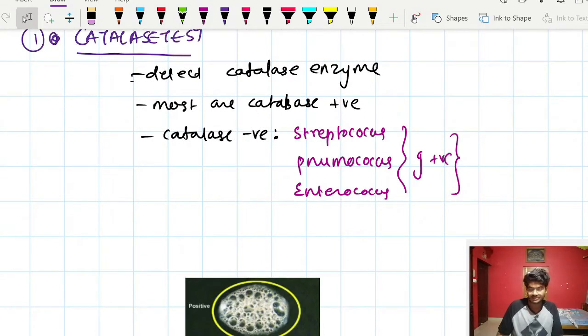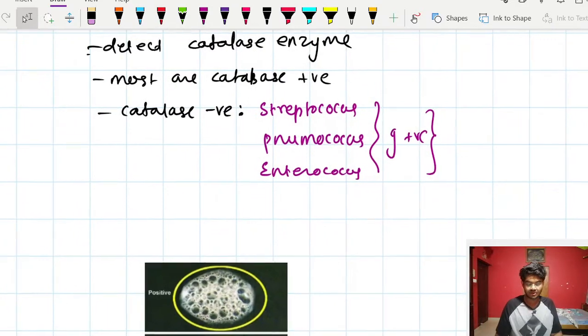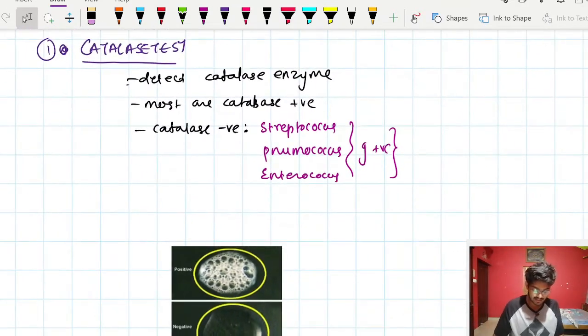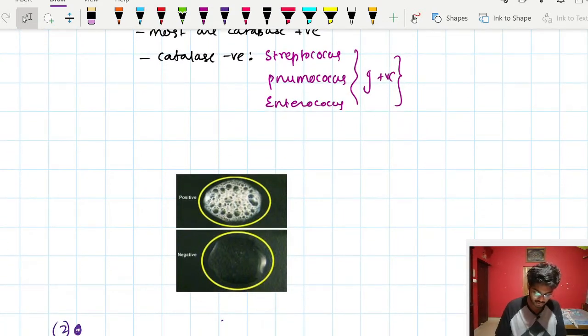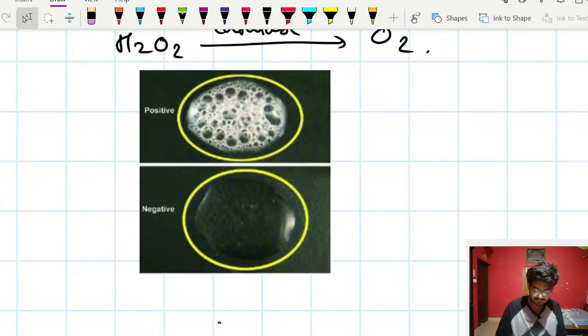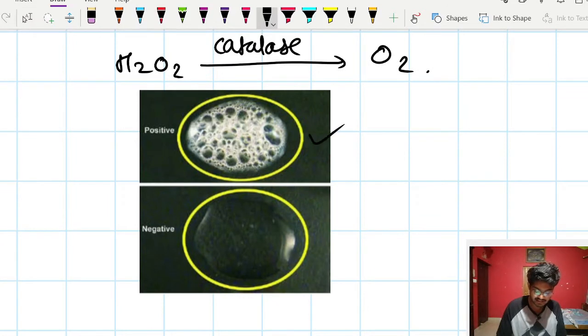So we have to study which are the lesser number. Most organisms are catalase positive, and Streptococcus, Pneumococcus and Enterococcus are catalase negative. So what is the mechanism here? We add H2O2 in the culture media. If it has the catalase enzyme, it will convert it into O2, so there will be bubbles forming at the surface. So it is catalase positive, and this one is catalase negative.